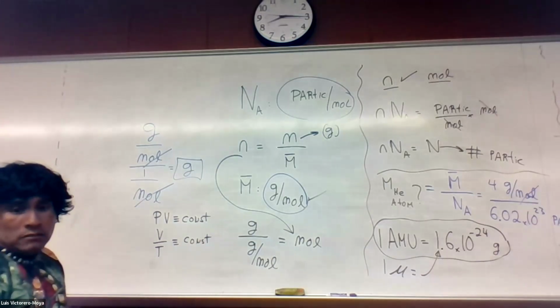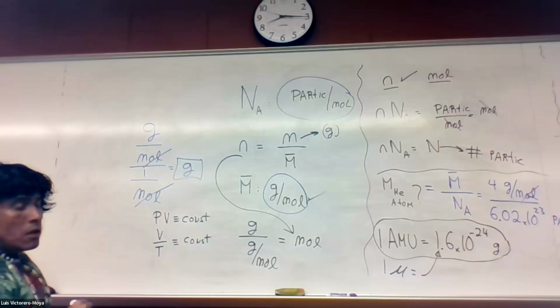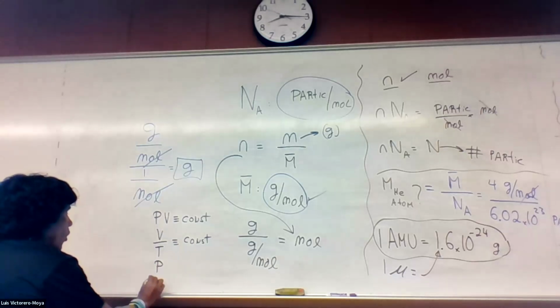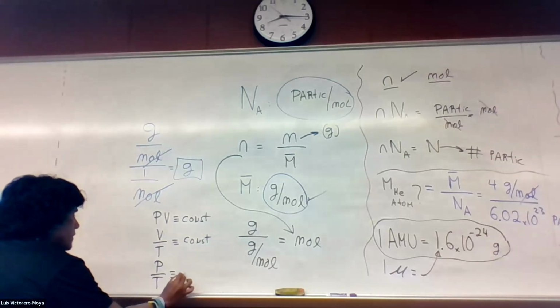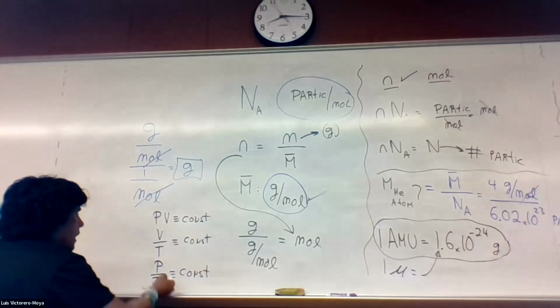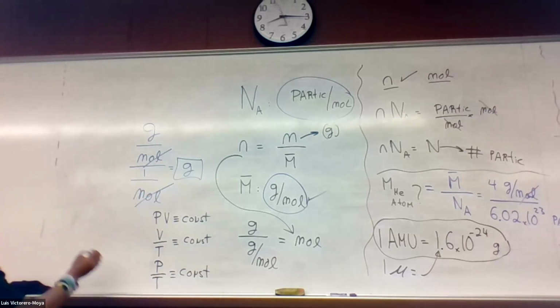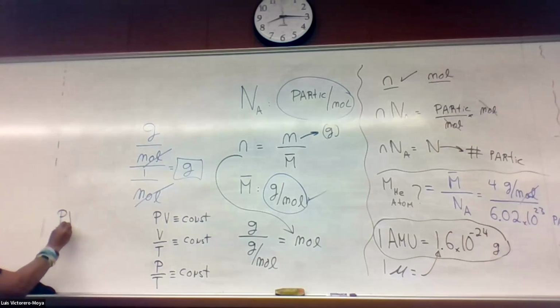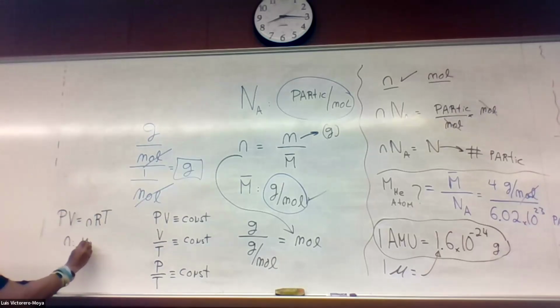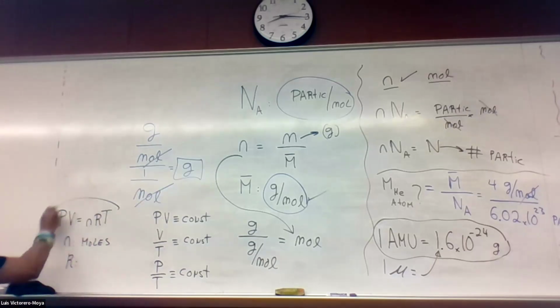And Gay-Lussac: P over temperature is constant. If you combine these three, you get PV equals nRT, where n is moles and R is the ideal gas constant. So this is the ideal gas equation.